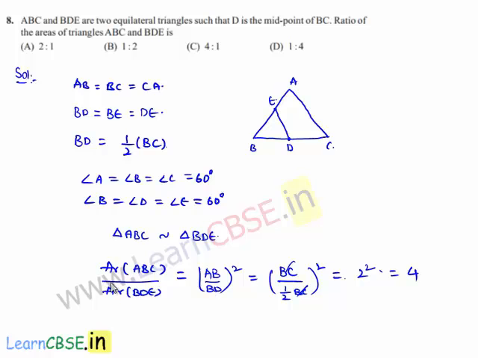So here we got the ratio of area of triangle ABC and BDE as 4, that is nothing but 4:1. So option C is our answer.